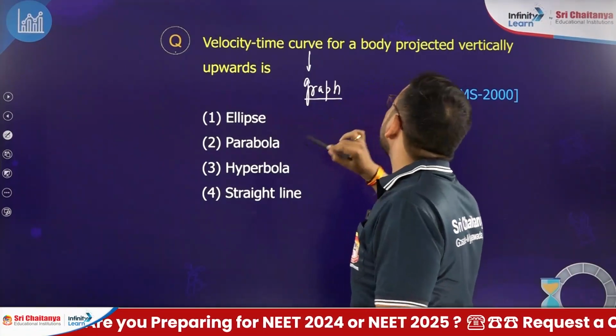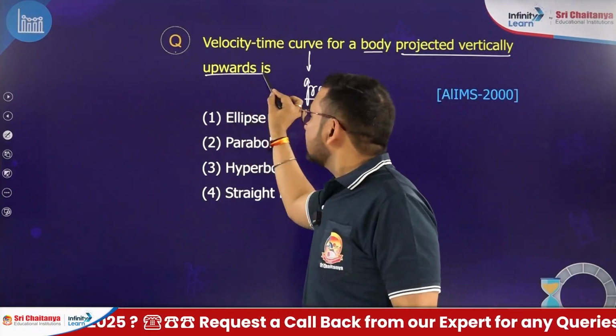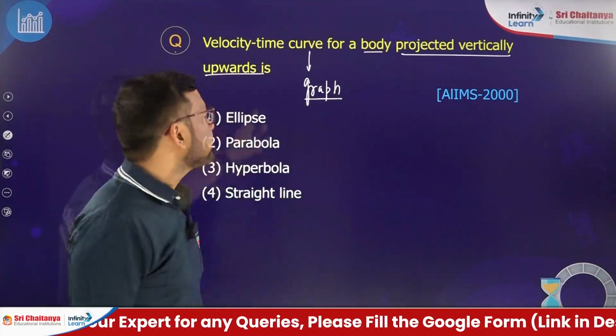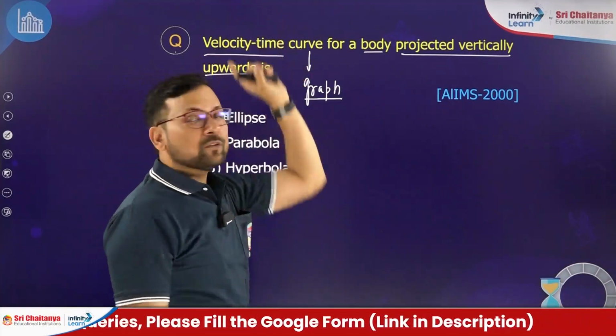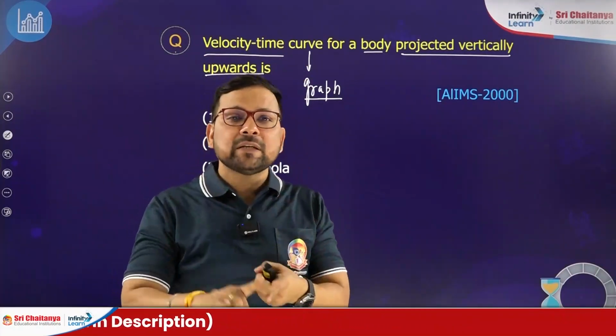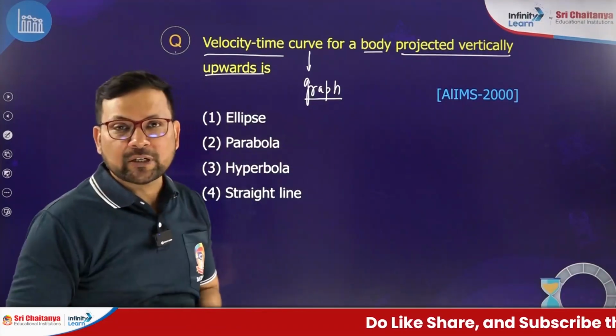VT graph for a body projected vertically upward. First point of discussion: upward motion, motion under gravity. What equation do we want? Second, VT, and the VT equation we have to write with sign convention. That is the three categories of question solving in motion under gravity.